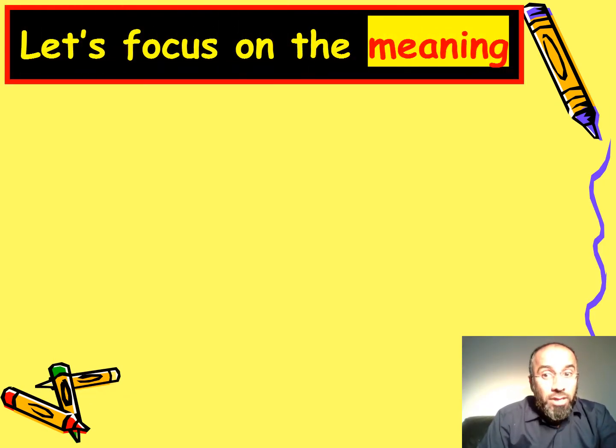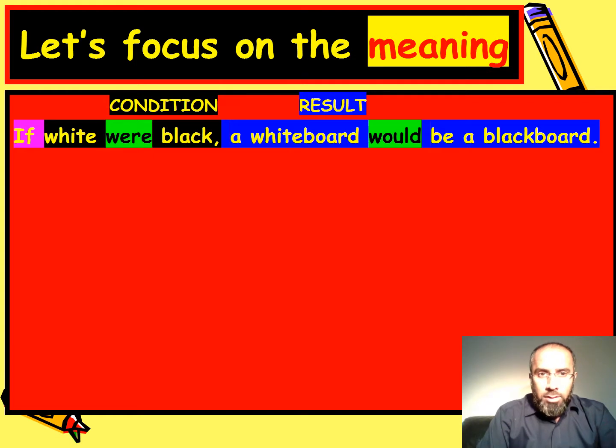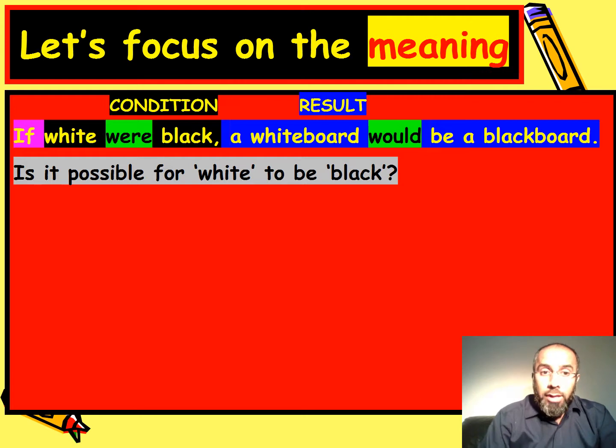Let's focus on the meaning now, which is very, very much important. We've been discussing, but let's focus now. So we've got a condition and a result, as we have in all the conditional sentences. So the condition is if white were black, and the result of that condition, a whiteboard would be a blackboard. So is it possible for white to be black?